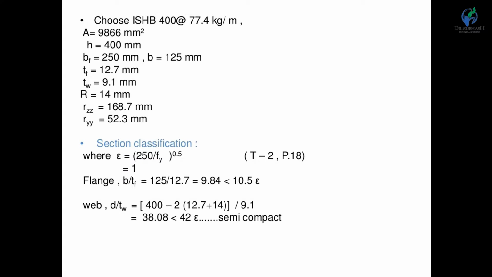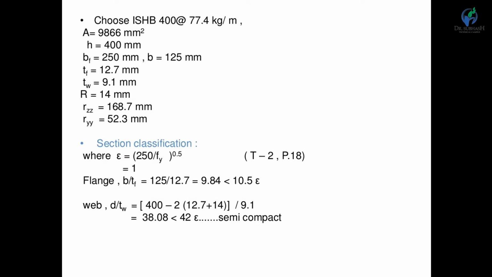Next, for 100 centimeter square, we choose a trial section from the steel table. For that, we mention the criteria of area. So which type of section do we have to choose? ISHB 450, 77.4 kg per meter.